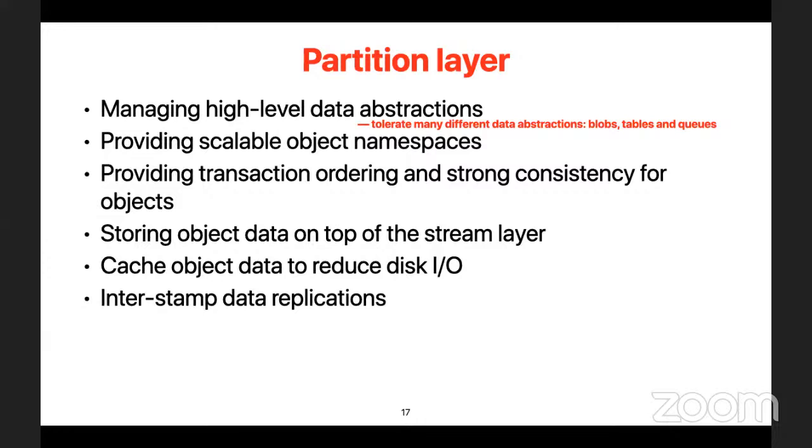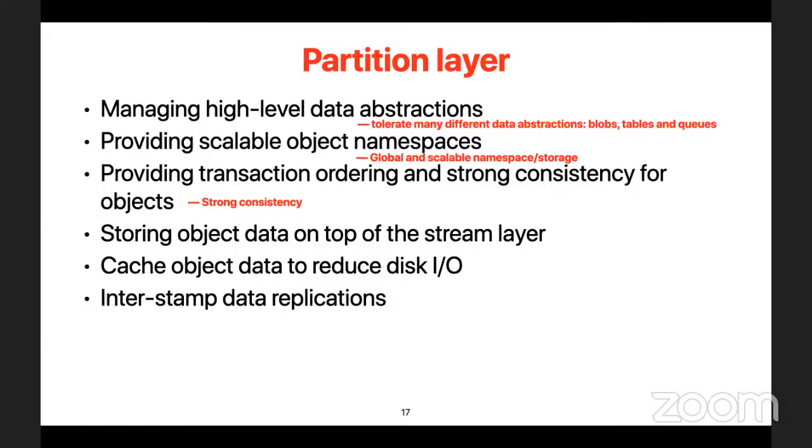So that's the layer where we decide how to manage this high-level data abstraction, whether it's a blob, a table, or a message, and provide a scalable object namespace. That's also a feature of the partition layer, by translating those object names into extents. And it's also the place where Windows Azure handles the ordering and the consistency for objects.